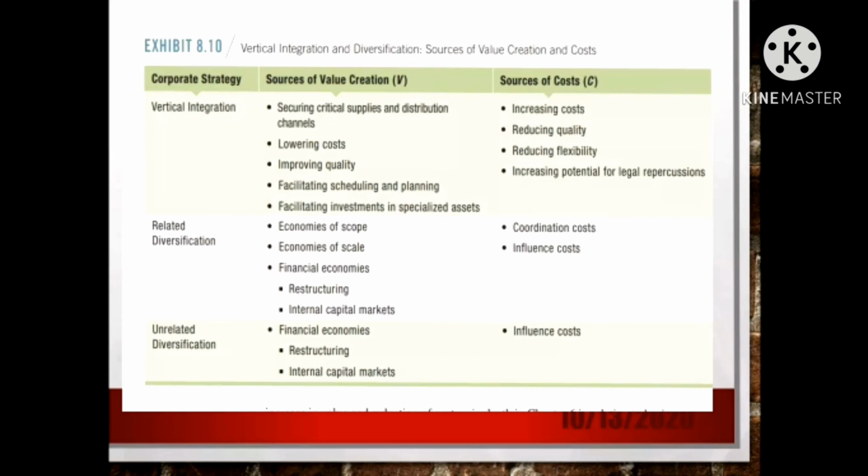And sources of value creation to unrelated diversification, we have financial economies, restructuring, internal capital markets, and for sources of cost, we have influence costs. Sources of value creation. It is important because we create value for customers, helps sell products and services.